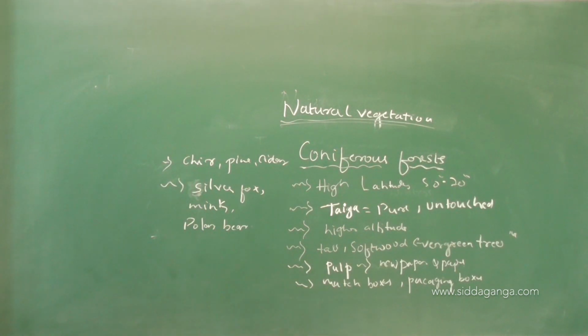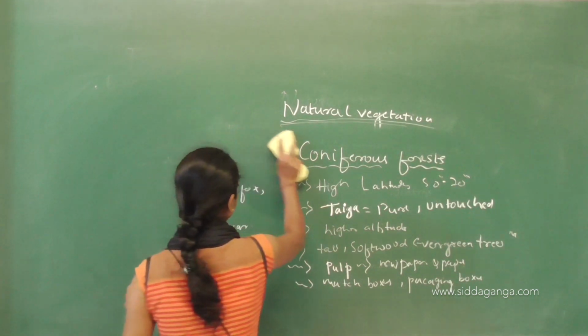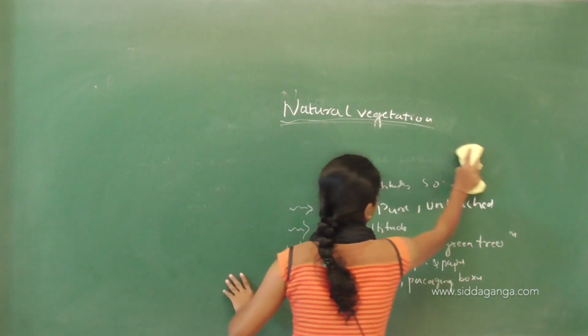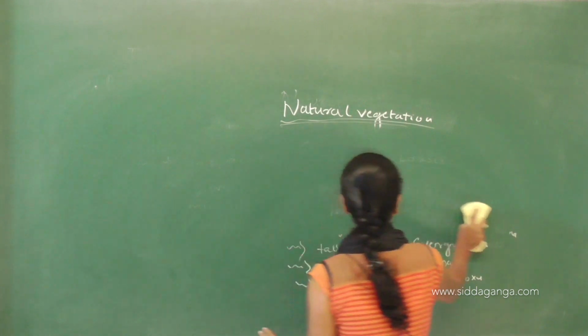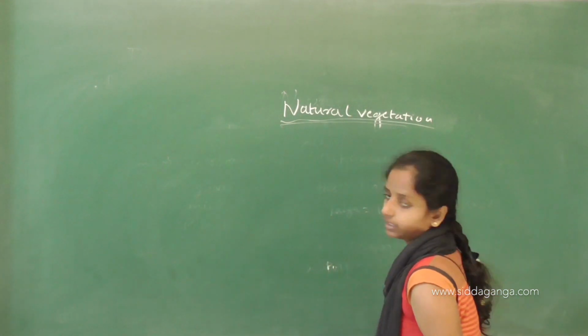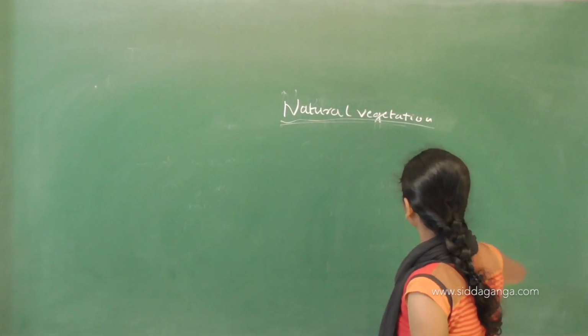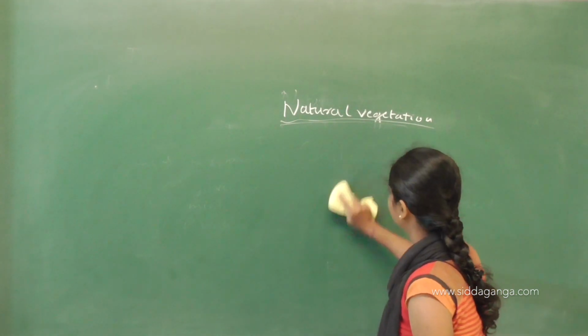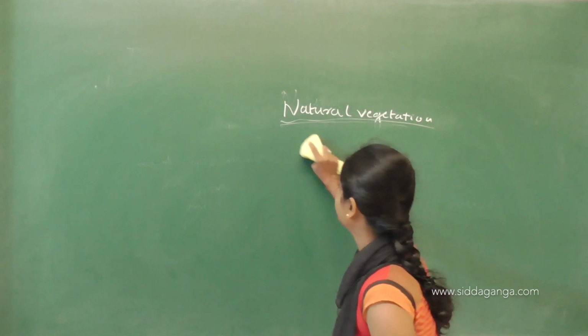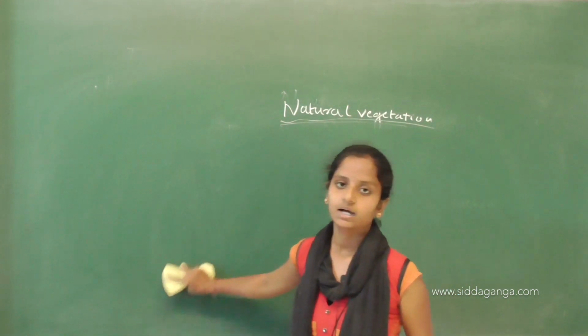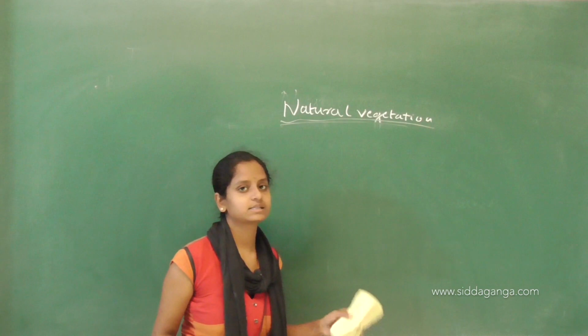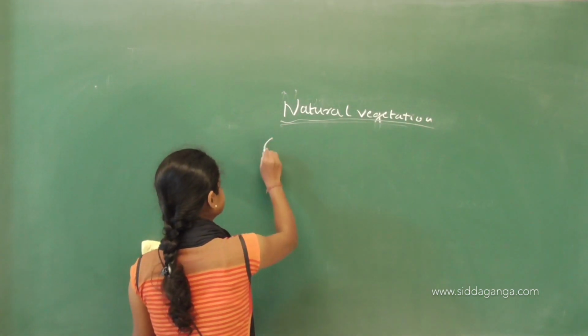So, this is about the different kinds of forest. Till now, we have seen many kinds of forest, starting from the tropical evergreen forest till the coniferous forest. Now, we are going to see another topic, that is grasslands in this natural vegetation.